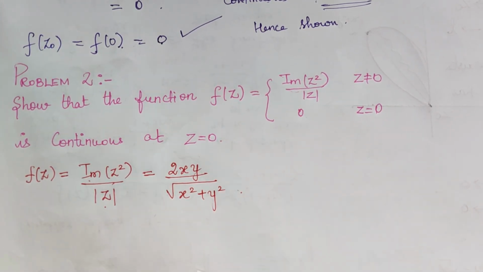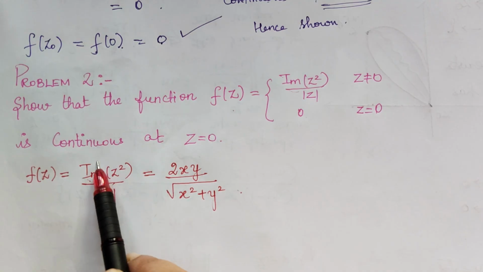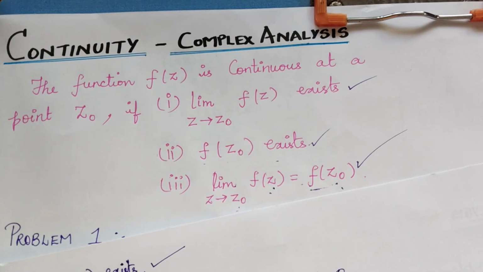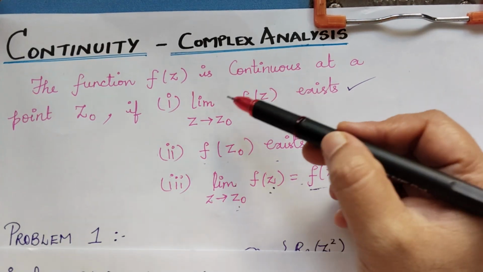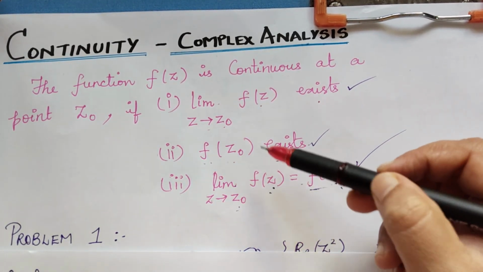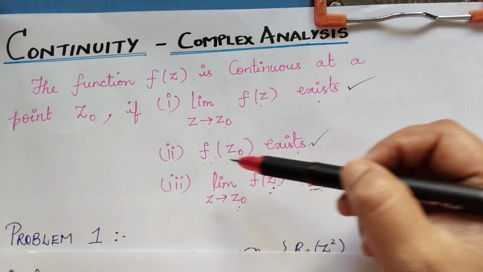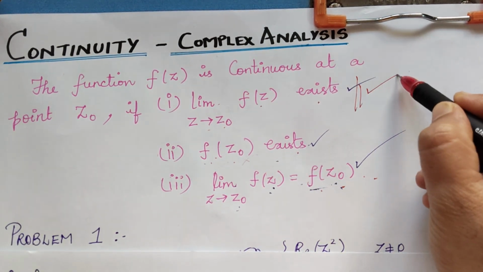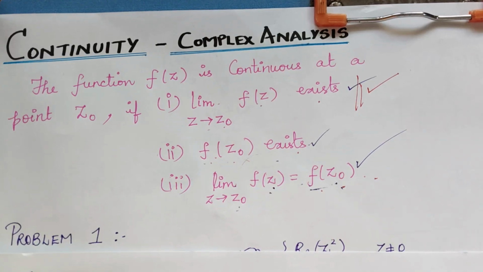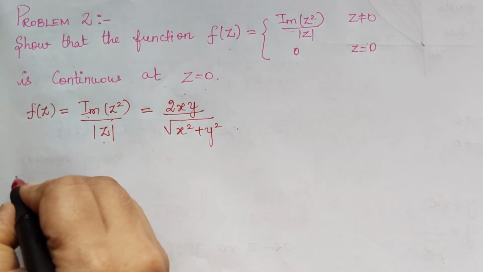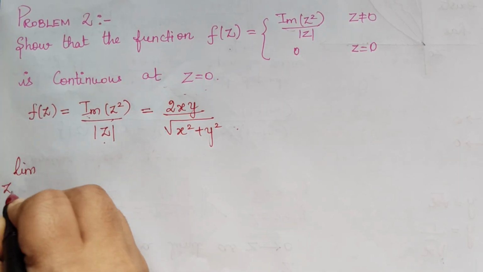Now in order to prove that the given function f of z is continuous at the point z equal to 0, we need to prove three conditions: the limit as z tends to z naught of f of z exists, f of z naught exists, and this limit is equal to f of z naught. First we shall prove that the limit of the function f of z exists as z tends to z naught.